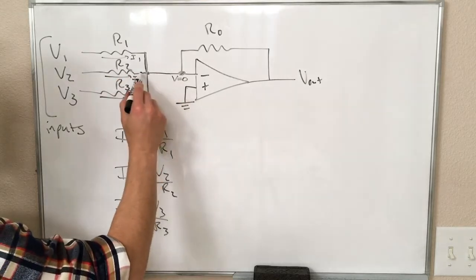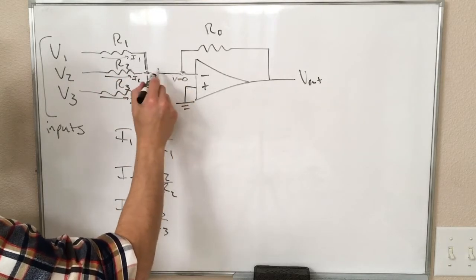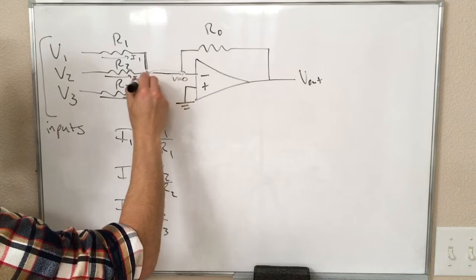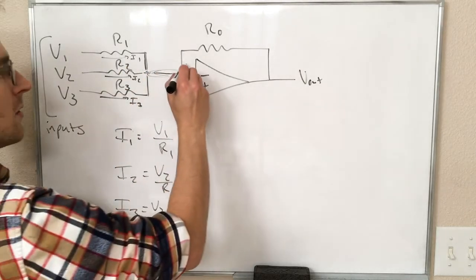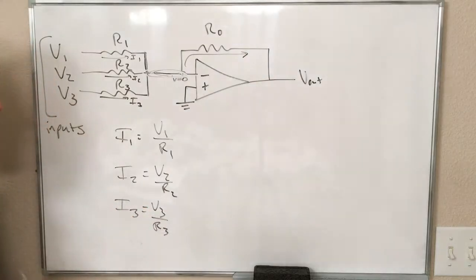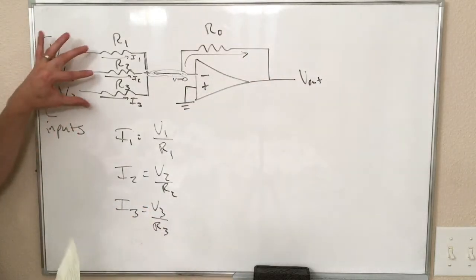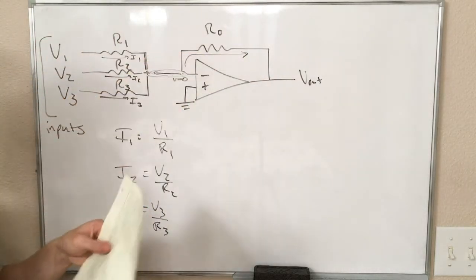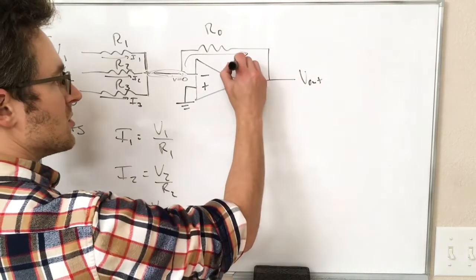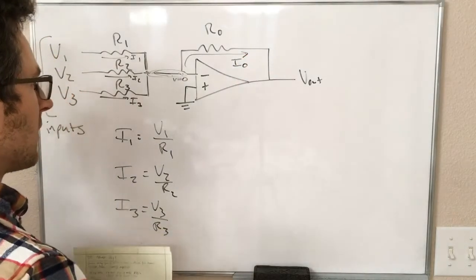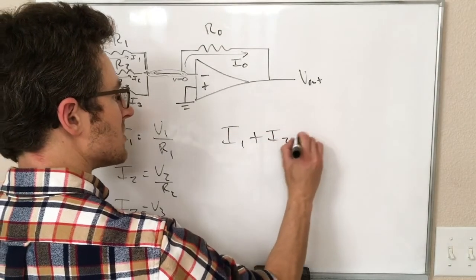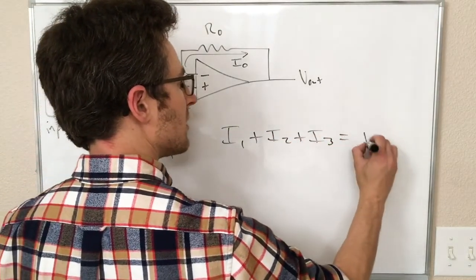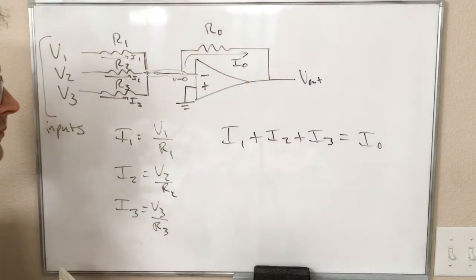And these currents all meet up at this node, and so the current into this node has to be I1 plus I2 plus I3. The current out of this node has to be the current through that resistor, right? So we have 3 currents going in, 1 current going out. I will call that I0 just for symmetry's sake. So I1 plus I2 plus I3 equals this I0.